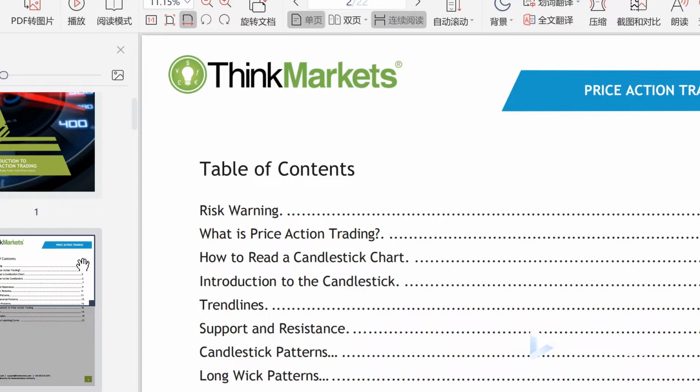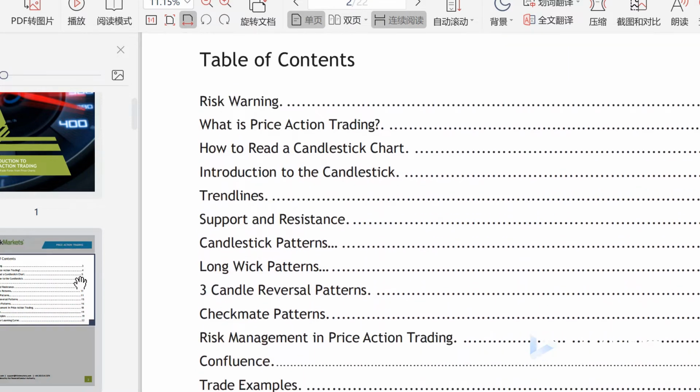So today I will use this handbook as material, basically giving you a brief introduction to what technical analysis is. First, looking at the table of contents: what is price action trading? Price action is basically about the price.